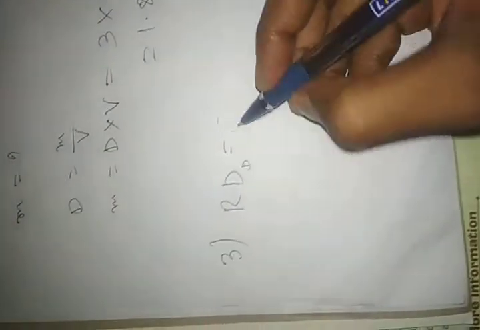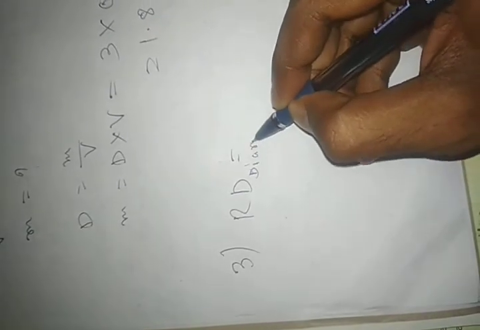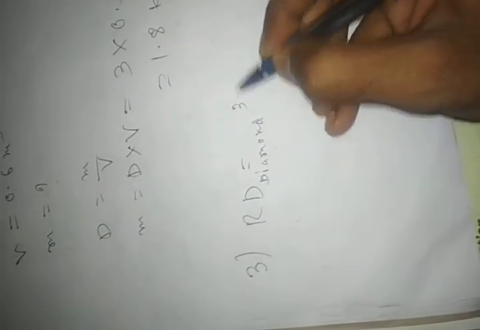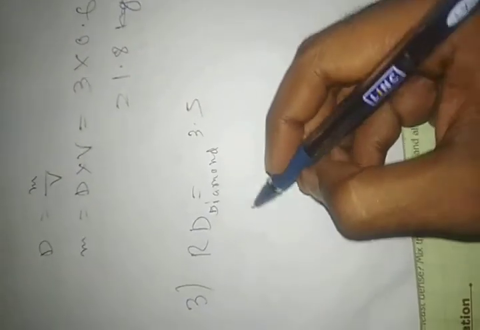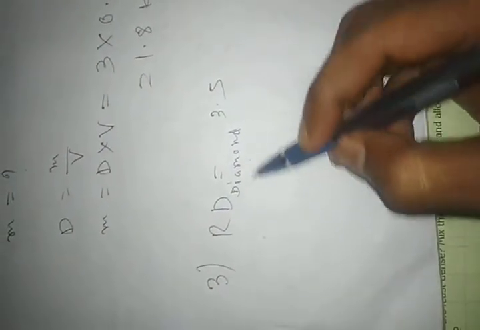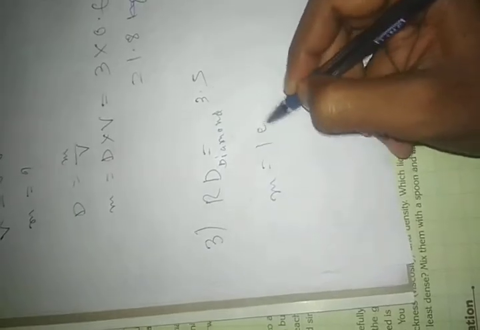Okay, next is math number 3. Here relative density is given. RD of diamond is given 3.5, and that is in SI process. Mass is also given, that is 1 centimeter cube.